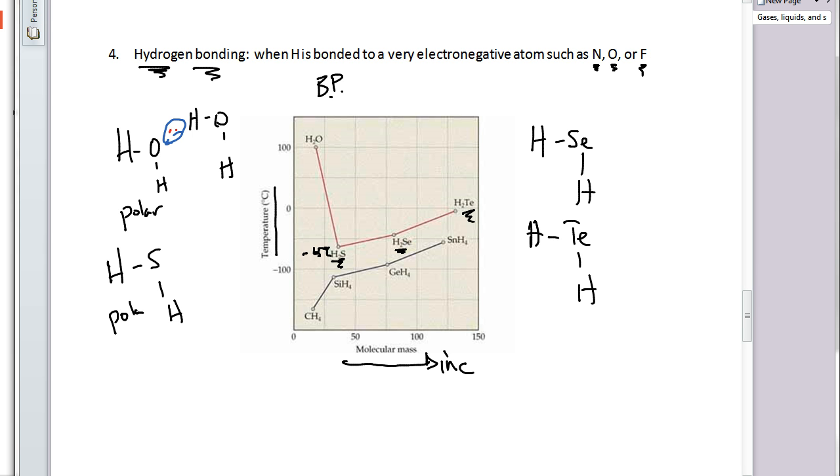What's going on with H2S, H2Se, and H2Te is that now you have increasing molar mass, and so you have increasing London dispersion forces, and that's what's causing the increase in boiling point from H2S to H2Se to H2Te, even though they're all polar molecules.